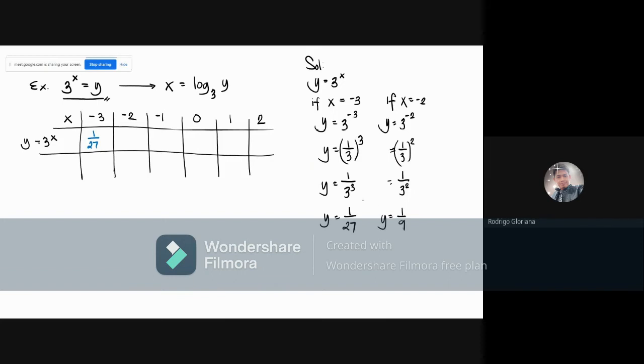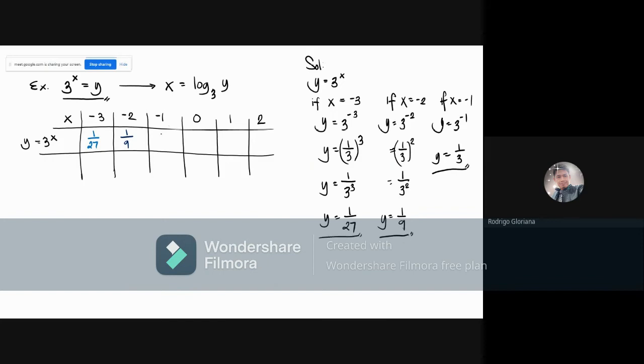So that is the value of y, equivalent to 1 over 9. What do you think for negative 1? If x is equal to negative 1, we have y is equal to 3 raised to negative 1. You have to get the reciprocal of the base, 1/3. So that is now the value of y. So we have 1/9 and 1/27.